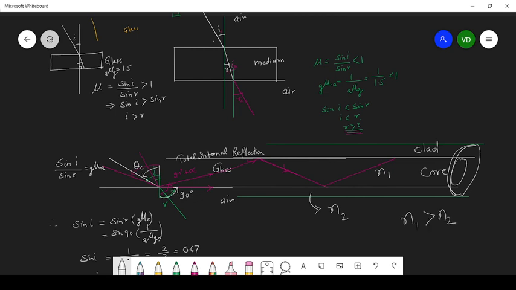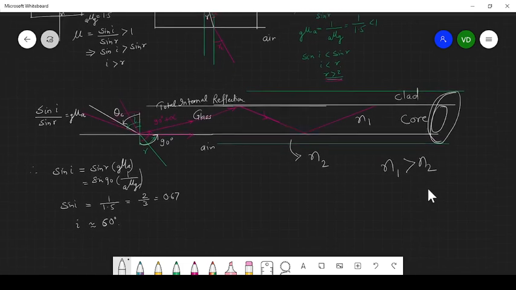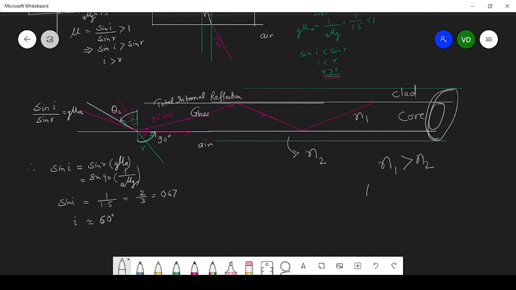But there is a slight difference between these two refractive indices as compared to glass and air, where there is a large difference. Glass refractive index is 1.5, whereas air is 1. In case of clad and core, it is something like 1.5 and 1.48. We can just take 1.52 and 1.5. Something like pairs we can create, or 1.5 and 1.48.